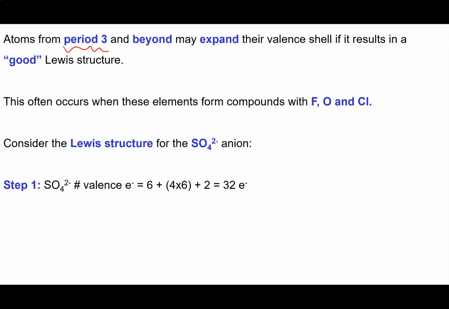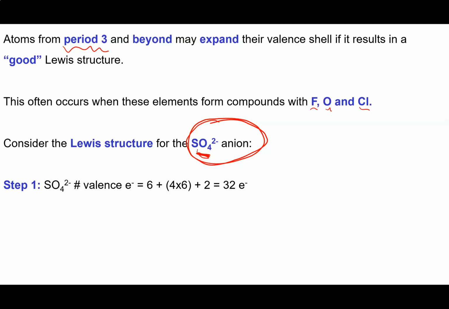And often we're going to see this when we're forming compounds with fairly small electronegative elements like fluorine, oxygen, and chlorine. So we haven't really related this a lot to formal charge or resonance yet, but now we're about to jump in and bring all three of these ideas together.